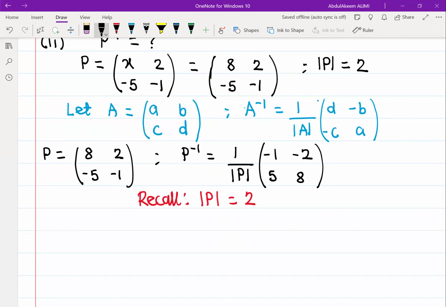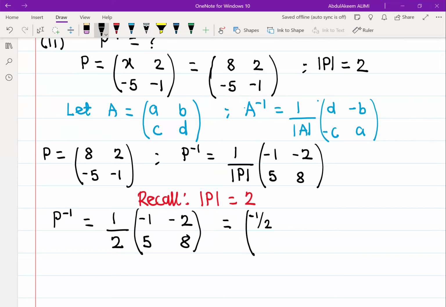So P inverse equals 1 divided by 2, everything in brackets: minus 1, minus 2, 5, 8. Proceeding, this is minus 1 over 2, minus 2 over 2, 5 over 2, 8 over 2.